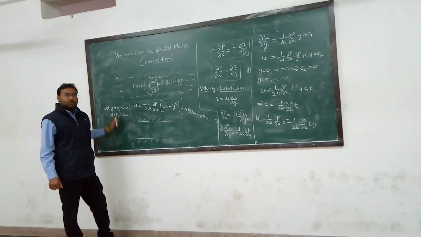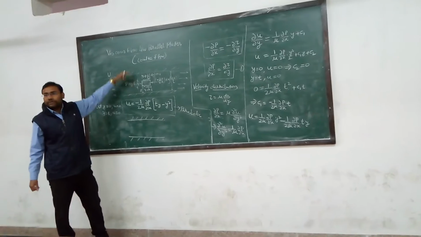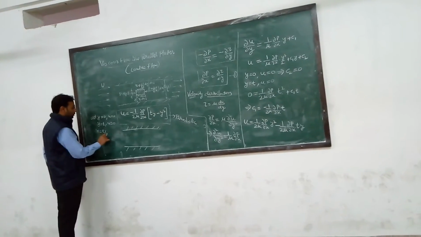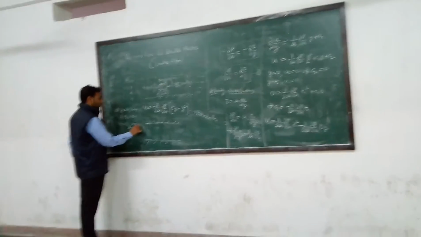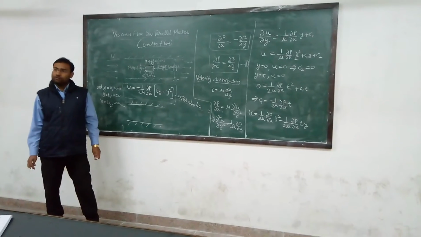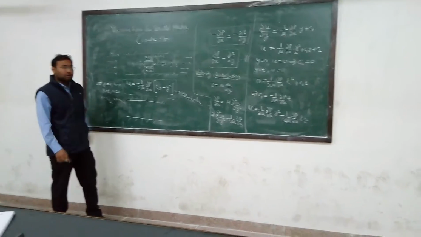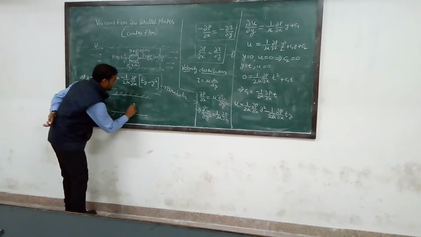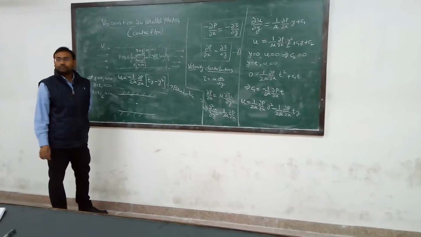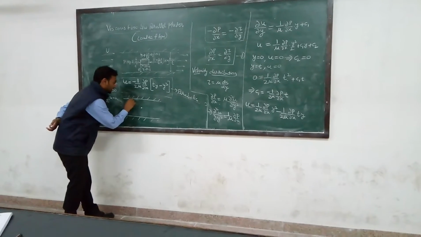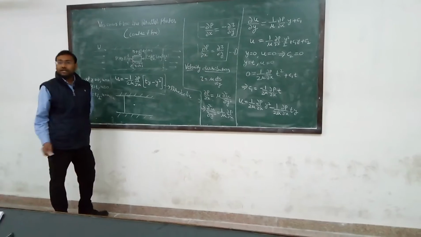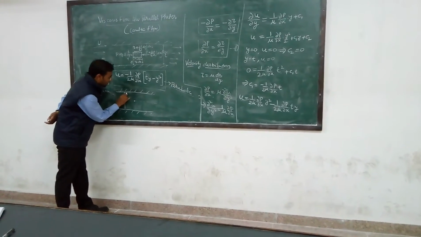So, if those velocities are 0 at the surfaces, just substitute the value y equal to t by 2. So, u will be u max at y equal to t by 2. So, I am drawing the velocity distribution. This is the t by 2. At t by 2 velocity is maximum, and at surfaces velocity is 0, and it is parabolic in nature.